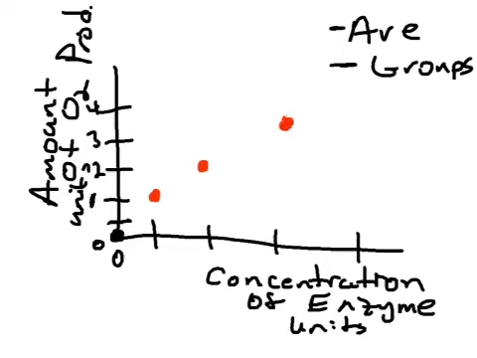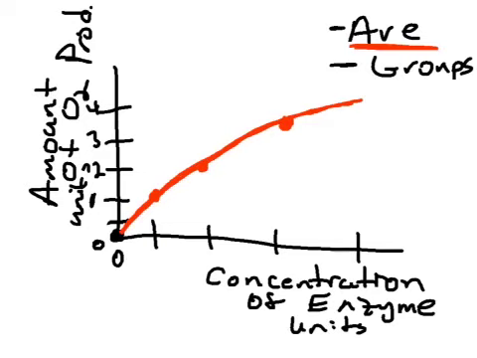When you take the averages, well, I don't know if you can do the averages or not. So that could be what group 1 came up with. Notice I'm going to change the color of the line, and I'm going to change the shape of the points, so that I can clearly distinguish between group 1 and group 2.